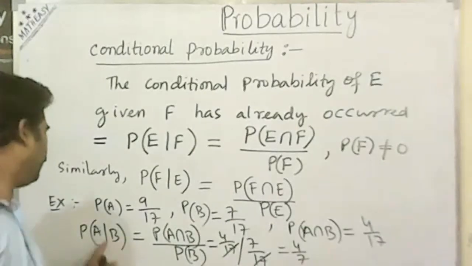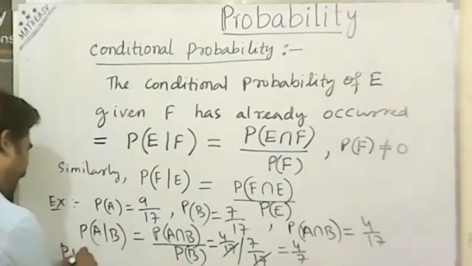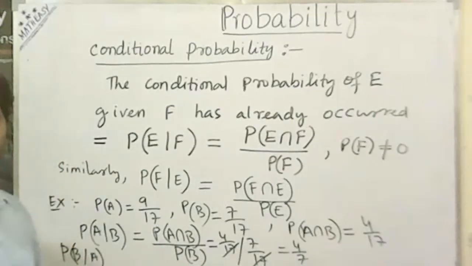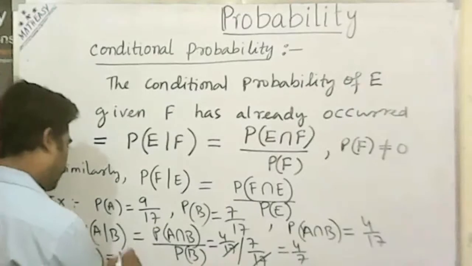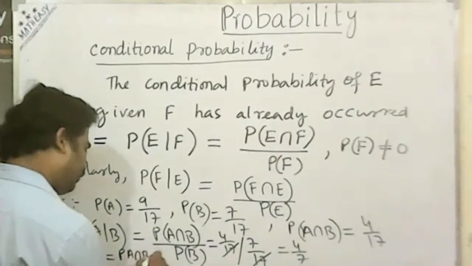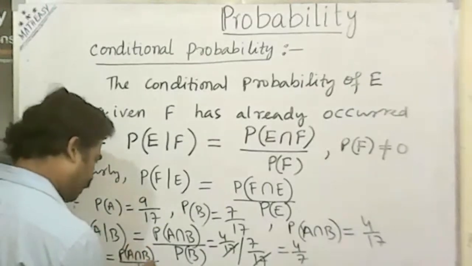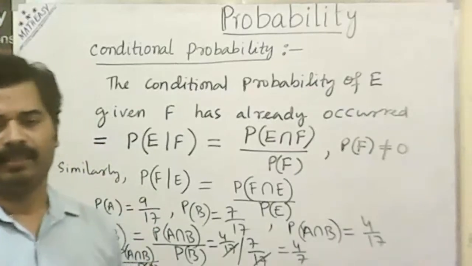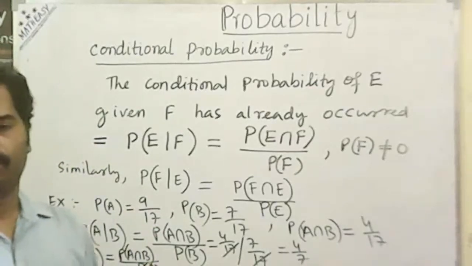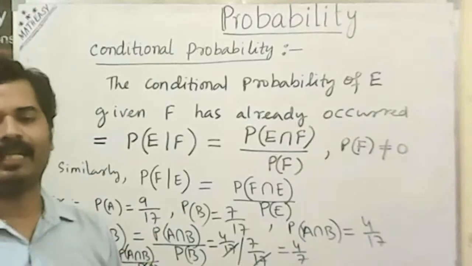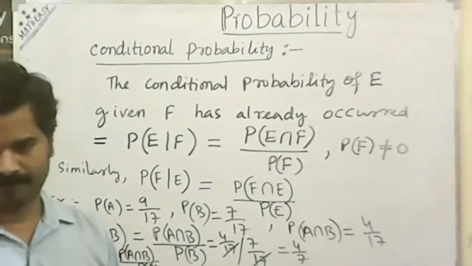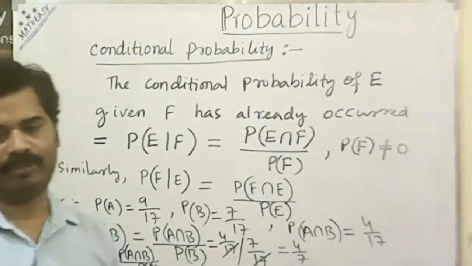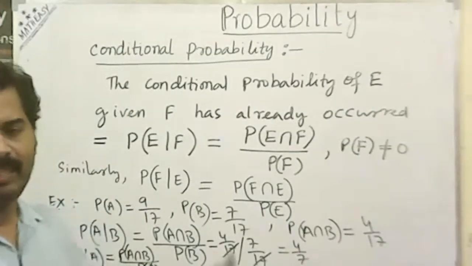So similarly, probability of B conditioned on A means probability of A intersection B divided by probability of A. Now, what are the different properties related to conditional probability? The properties also come in 2-mark questions.